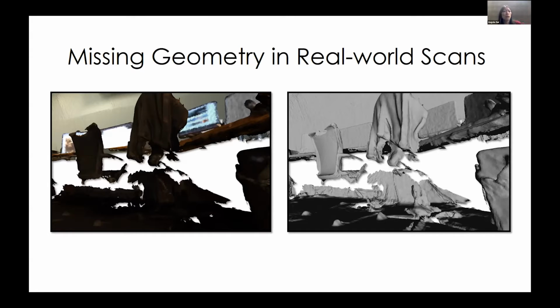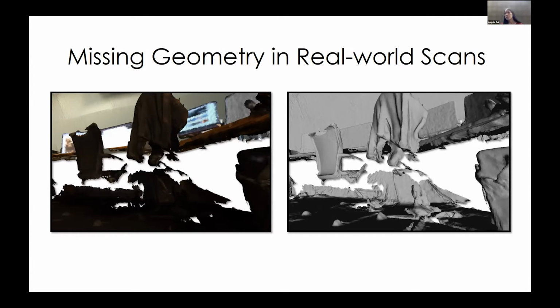Of course, we want to be able to learn that kind of prior from data. And in particular, I think it's important to do this in a self-supervised fashion so we can learn on real data rather than having to rely on synthetic scenes, which are fairly different in terms of their geometric characteristics from real world environments.